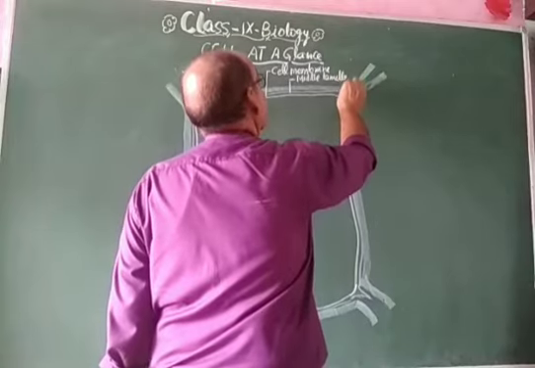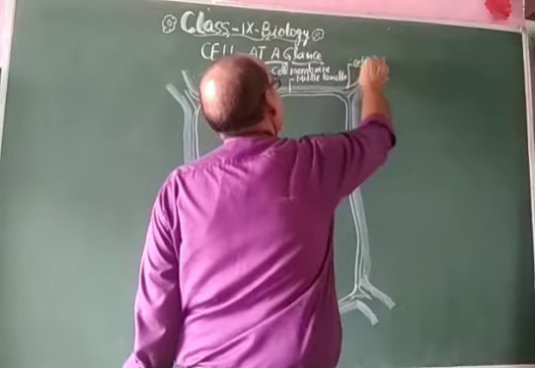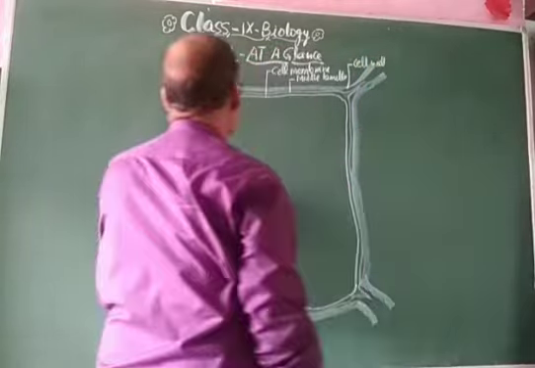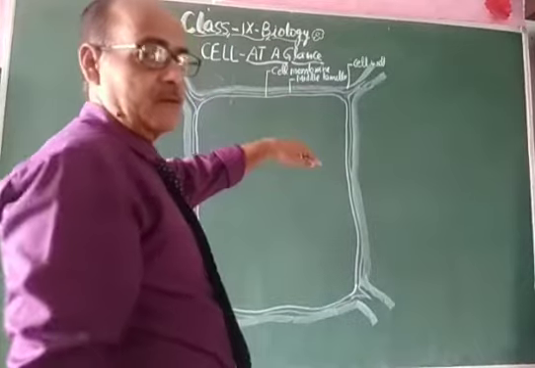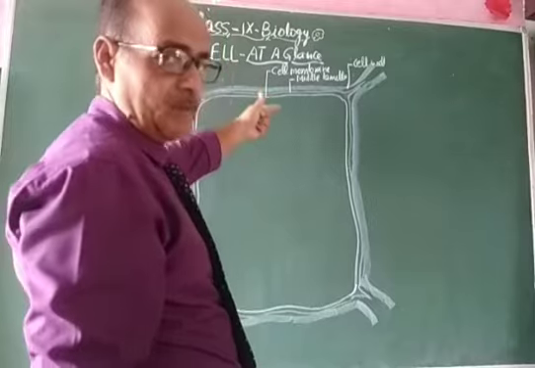And this is the cell wall. So these are the outermost structures. In the animal cell, only the cell membrane is found. No middle lamella and no cell wall is there.